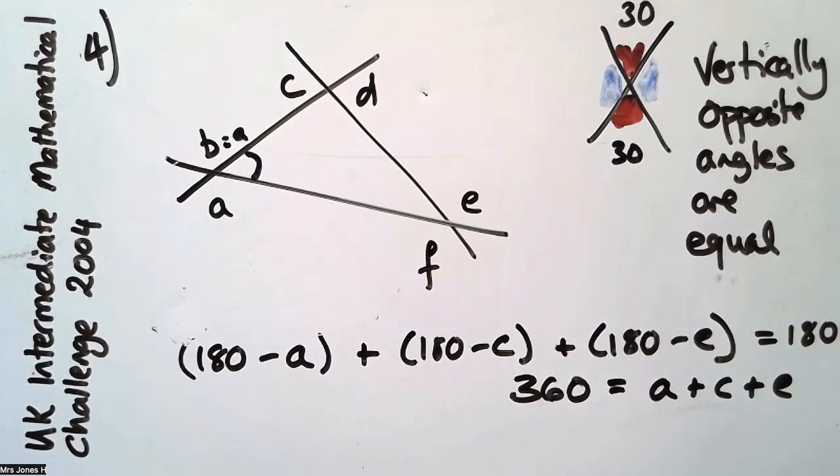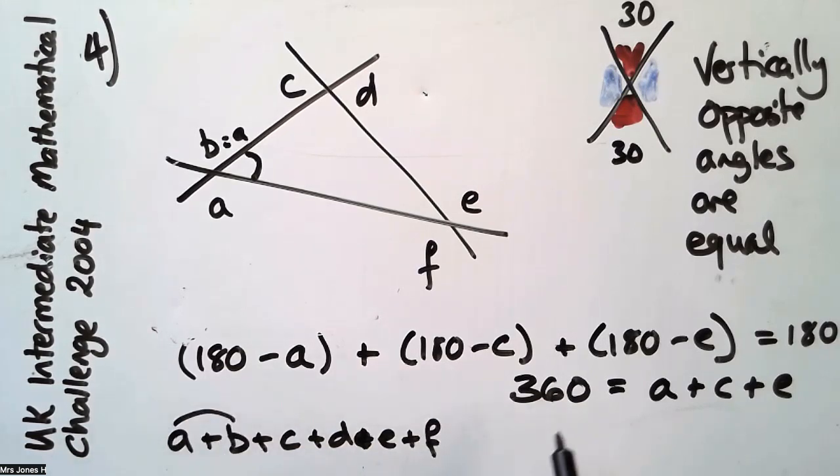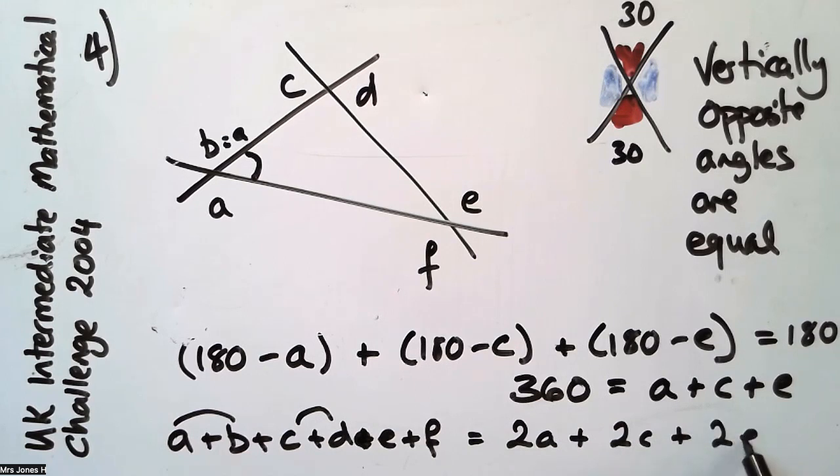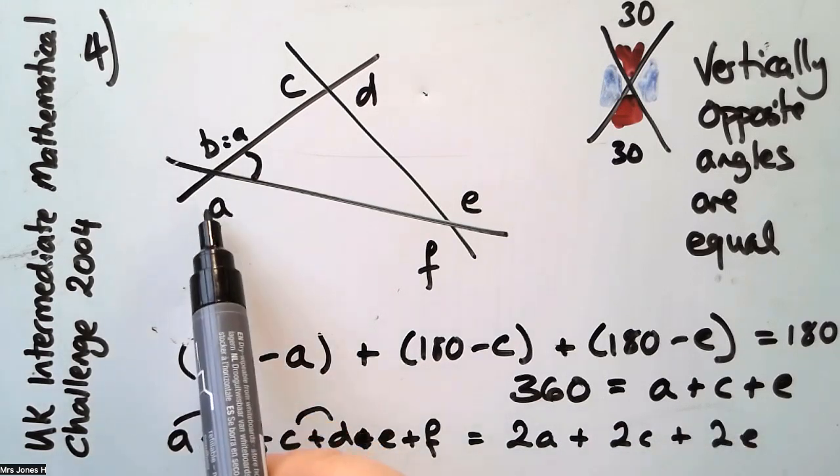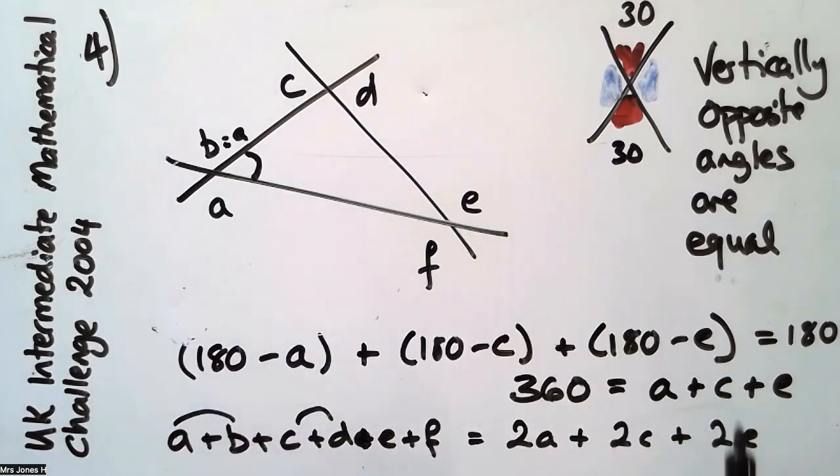How do I describe it? Let's go with A plus B plus C plus D plus E plus F is the same as saying 2A plus 2C plus 2E, because those two are the same, these two are the same, and these two are the same. 2A plus 2C plus 2E.